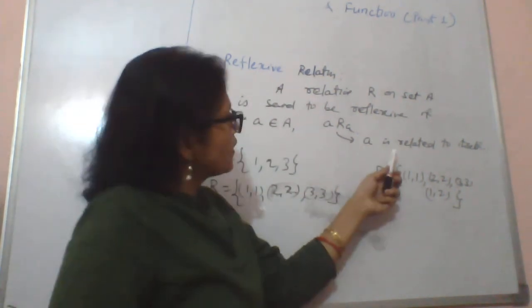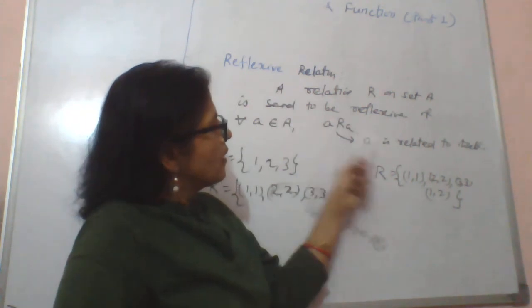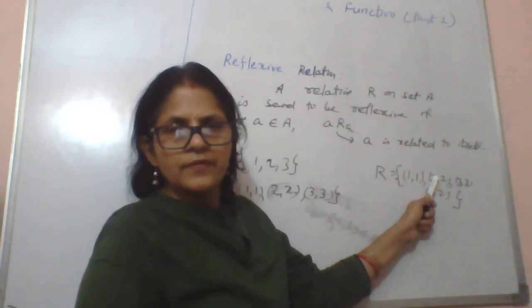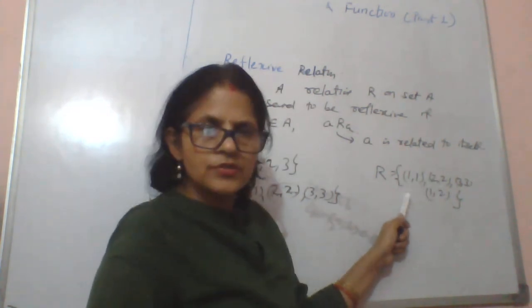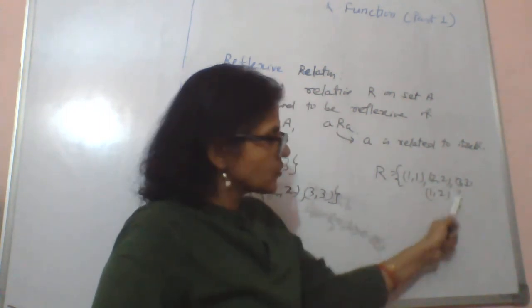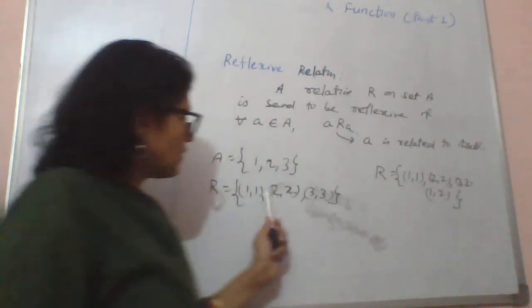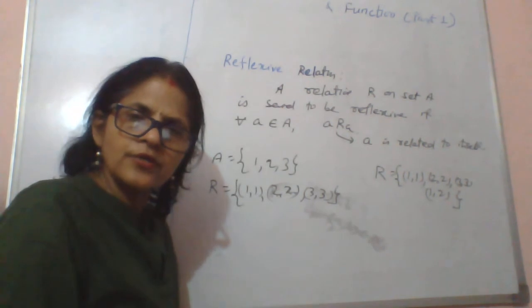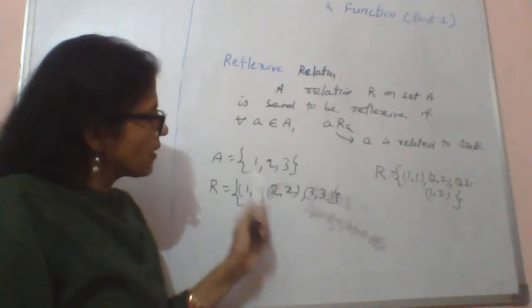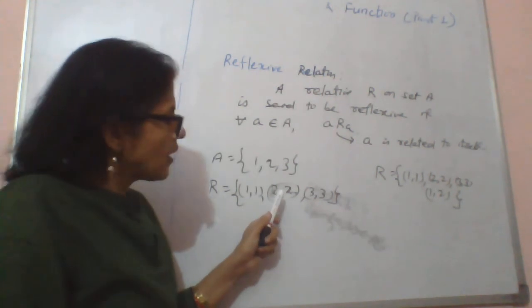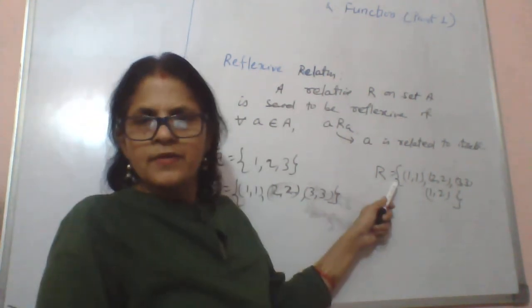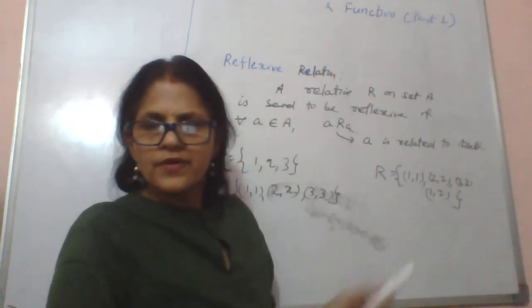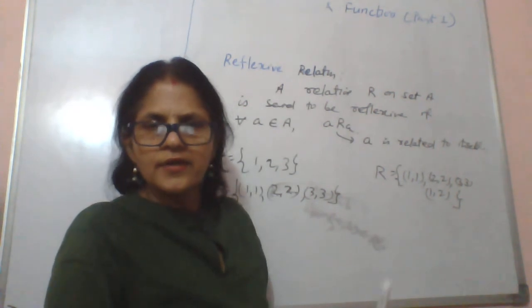Here every element for all a belongs to A is related to itself, so that condition is satisfied. It doesn't matter whether you have some extra elements apart from these. But here every element is related to itself and only to itself. So an identity relation can be reflexive, but not all reflexive relations can be identity relations. That is the basic difference between an identity relation and a reflexive relation.